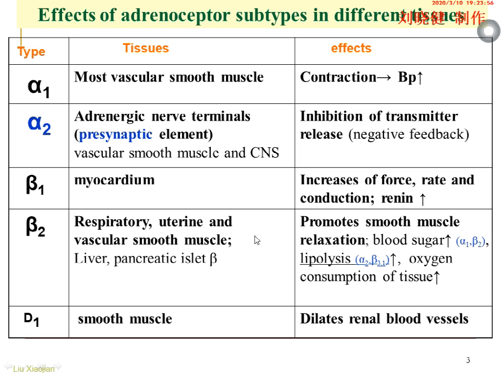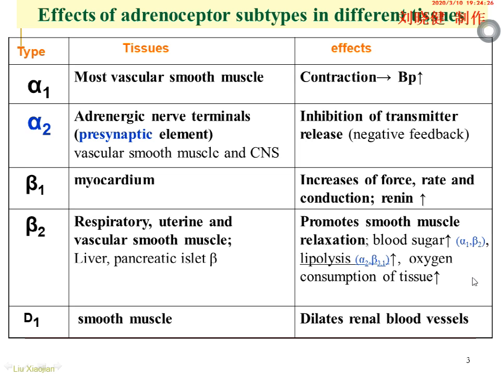So it induces vasodilation and bronchodilation. And beta 2 also resides in the liver and pancreatic islet beta cells, so it is related to metabolism. It can increase blood glucose and increase lipolysis, so it also increases the oxygen consumption of tissue, and BMR is increased.